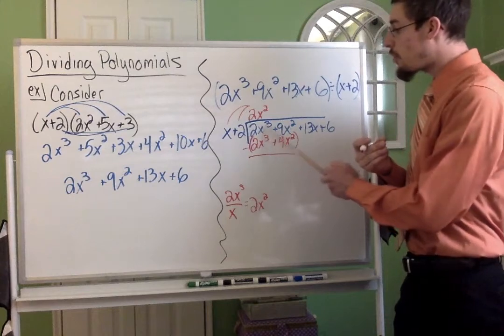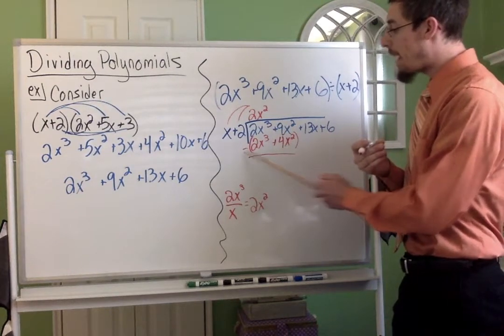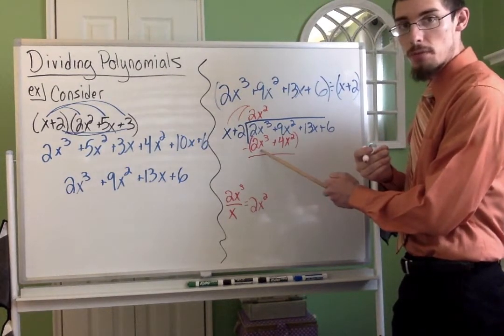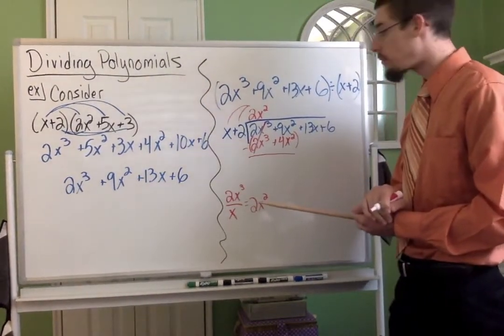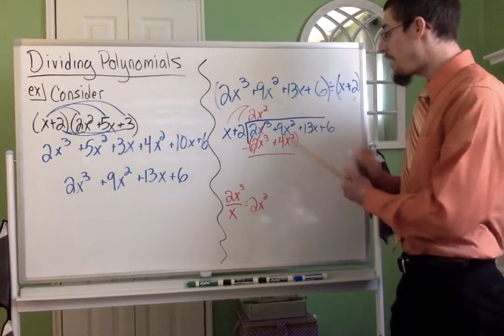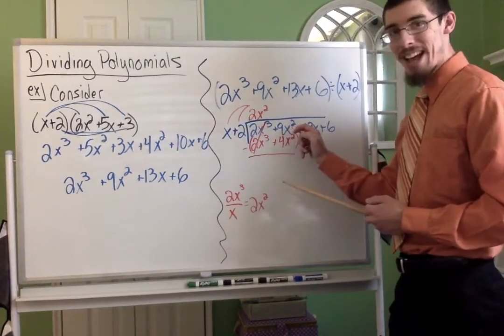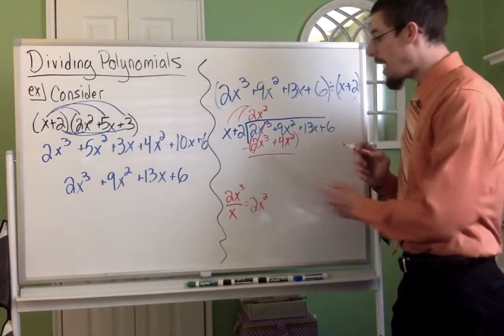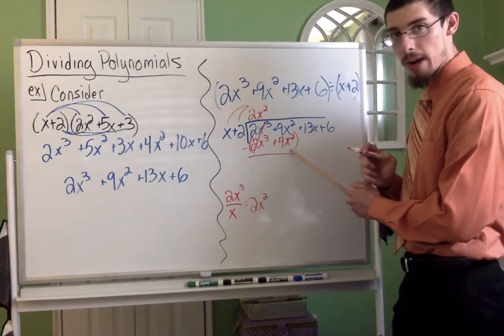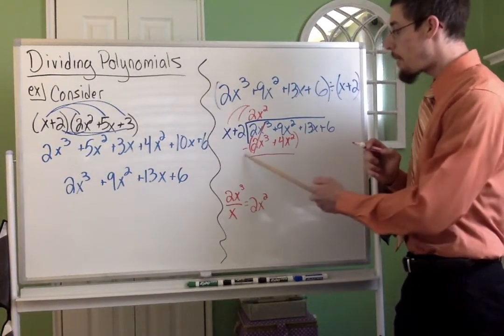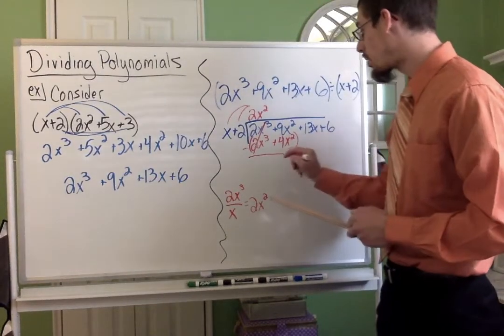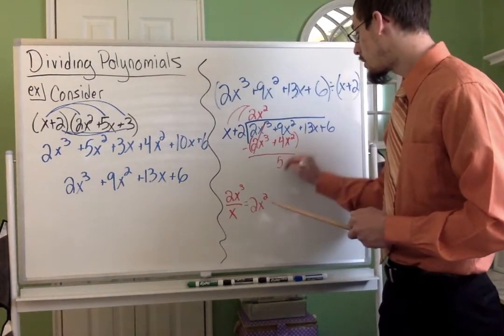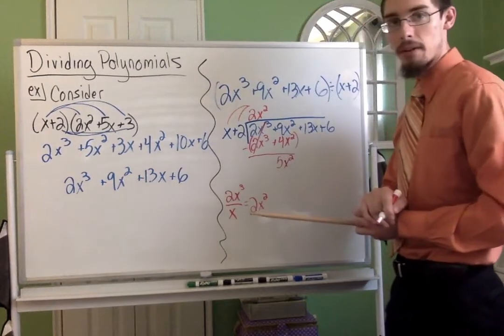So it's 2x cubed minus 2x cubed. Won't that just cancel out? Then it's 9x squared minus 4x squared, right? So 9 minus 4 is 5x squared.